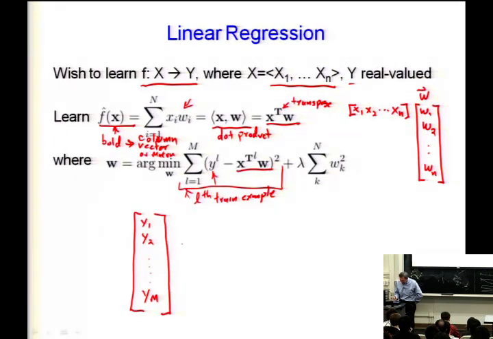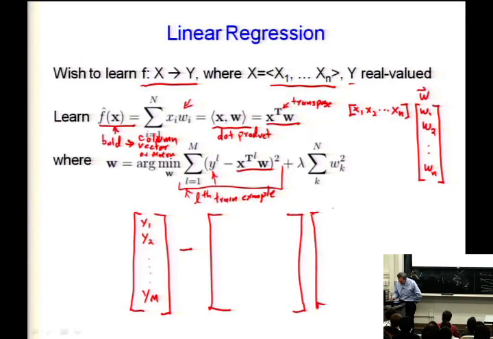So I can rewrite this by saying I want y to be equal to the vector that I get if I multiply my weights, W1 up through Wn, by the different training examples.